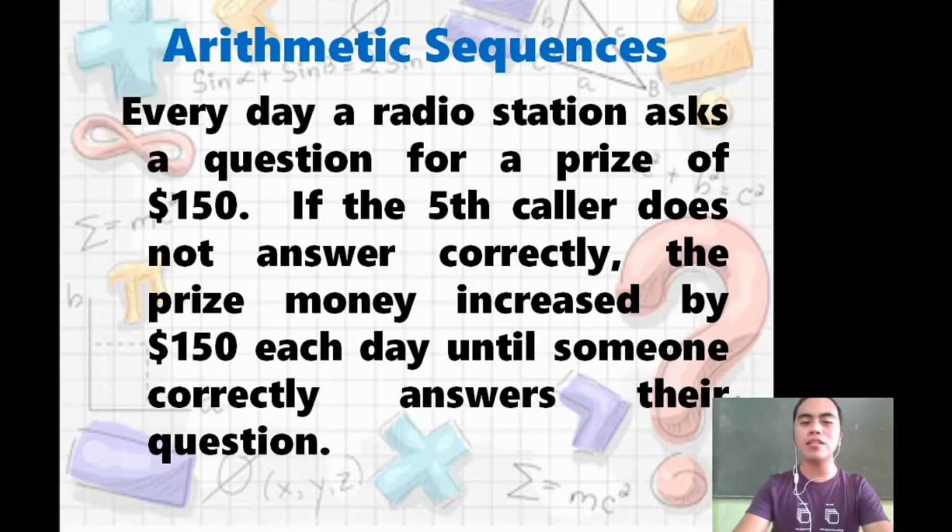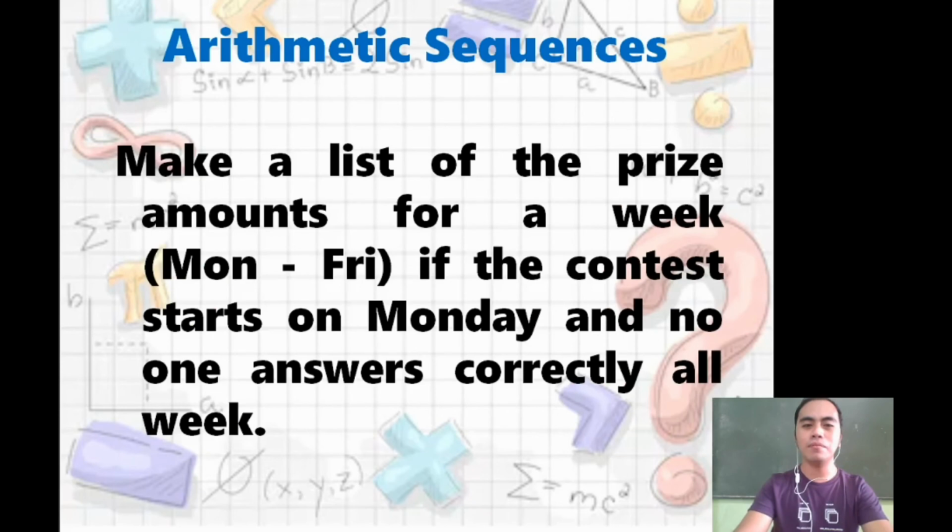So, let's proceed to the application of arithmetic sequence in our day-to-day living. Every day, a radio station asks a question for a prize of $150. If the fifth caller doesn't answer correctly, the prize money increases by $150 each day until someone correctly answers the question.